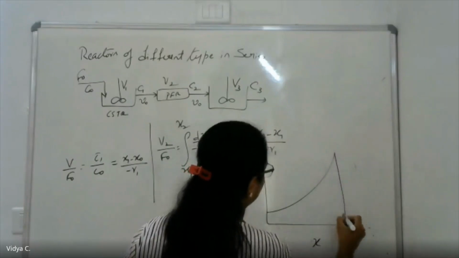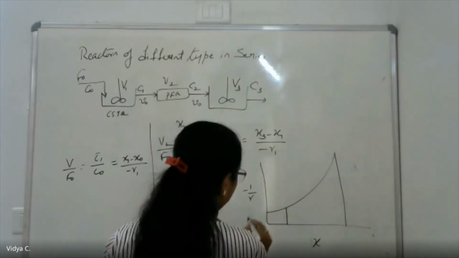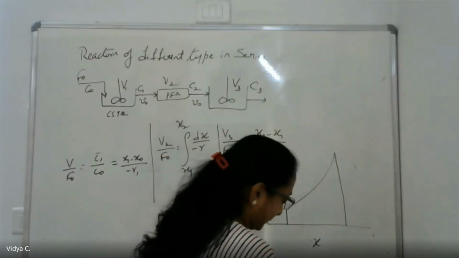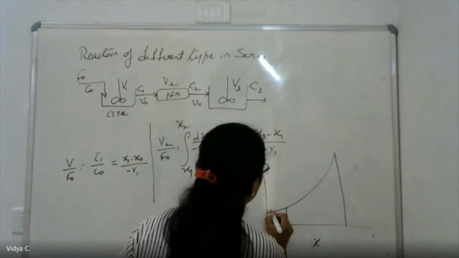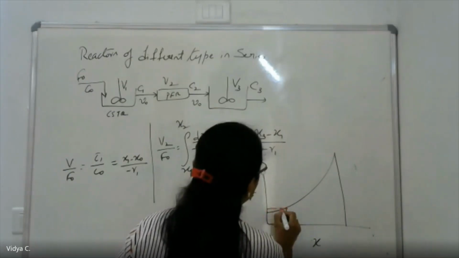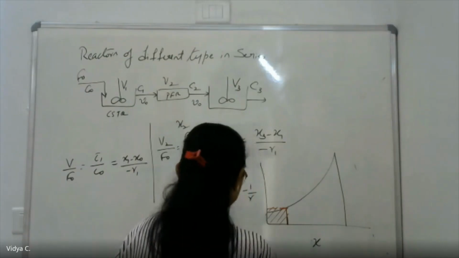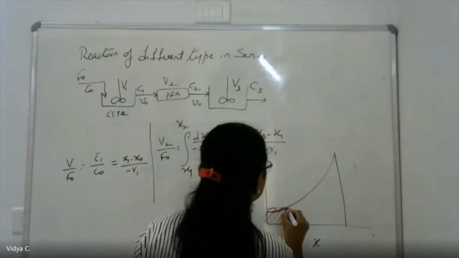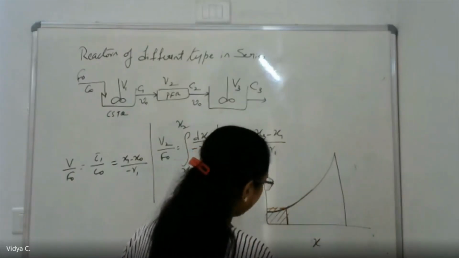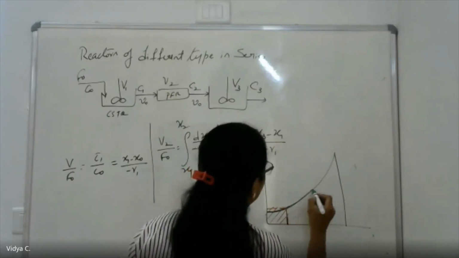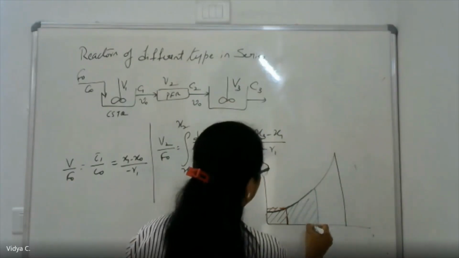Now if I plot minus 1 by R versus x, and the nature obtained is using this way, then yeah, it is CSTR first. So CSTR first. So this will be the volume of CSTR required. And then it is PFR till here, suppose it is PFR.